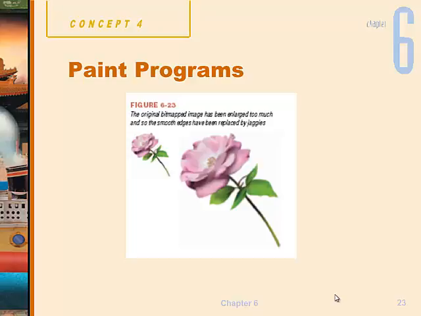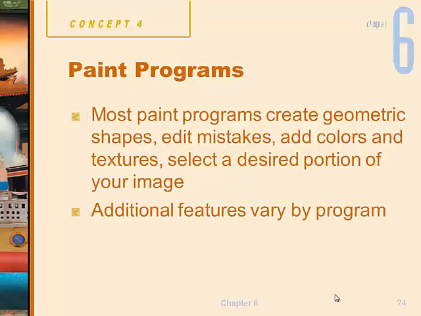So your smooth edges are being replaced by jaggies, or jagged edges. Most paint programs create geometric shapes, edit mistakes, add colors and textures, and select a desired portion of your image. Additional features vary by the program.